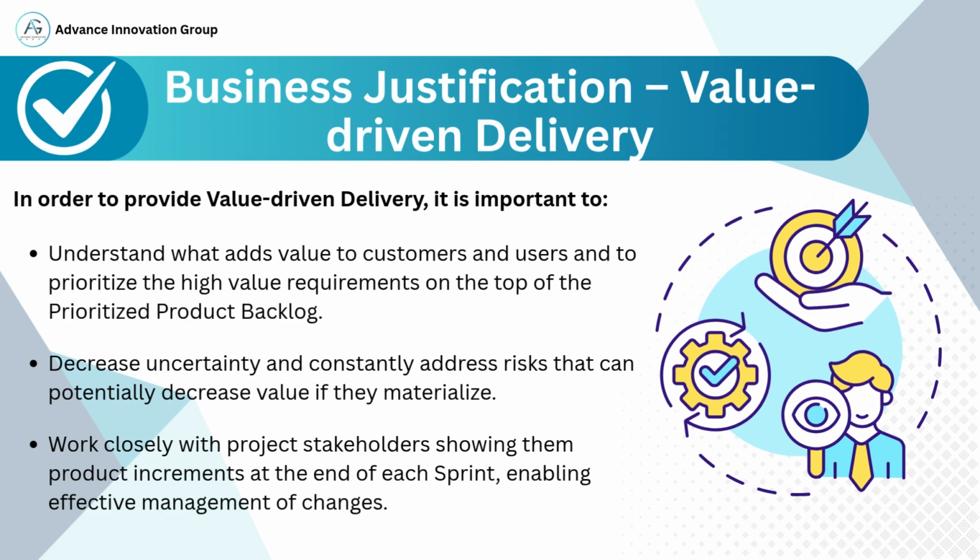This proactive risk management helps in protecting the expected value of the project. Lastly, frequent engagement with stakeholders is key. By showing them working product increments at the end of every sprint, we not only build trust, but also enable quick feedback and change management, ensuring the final product stays aligned with evolving expectations.